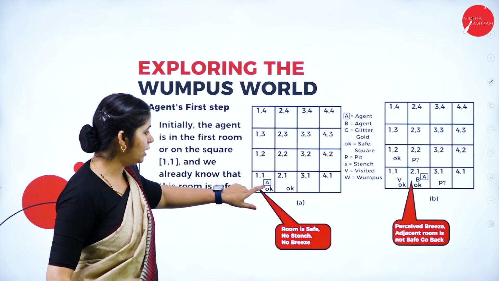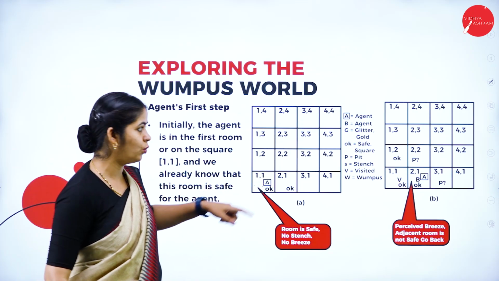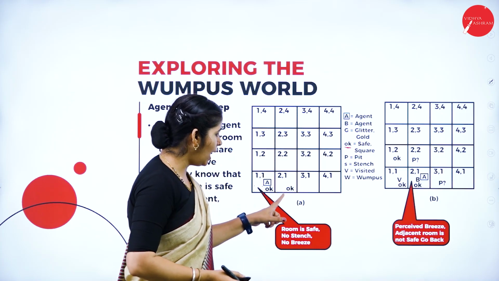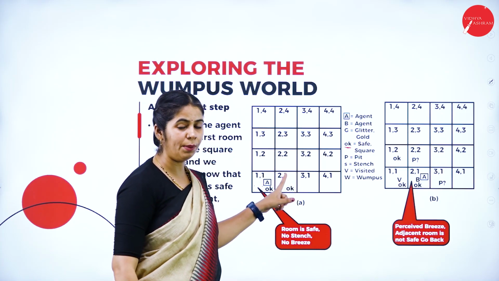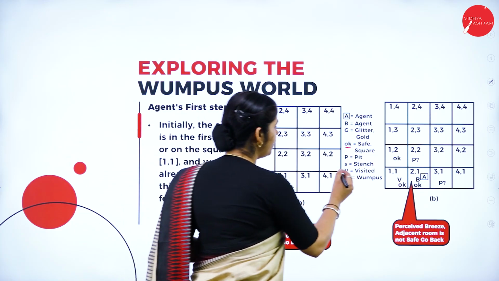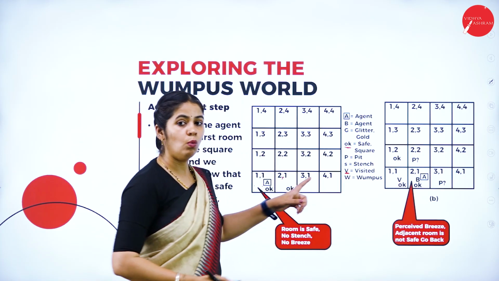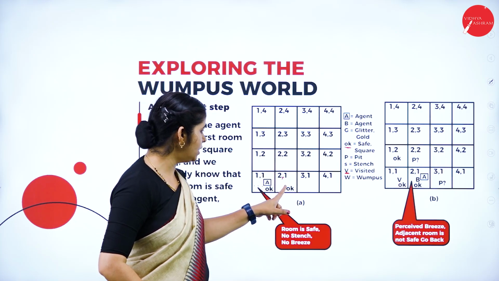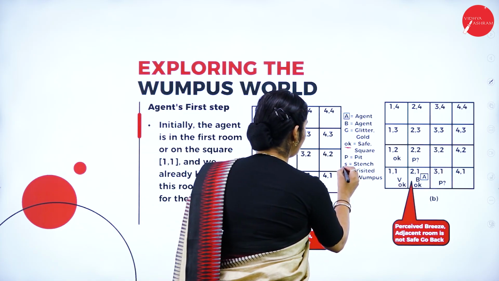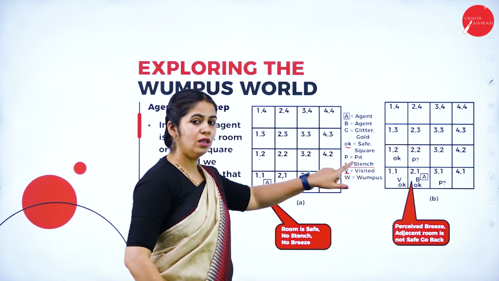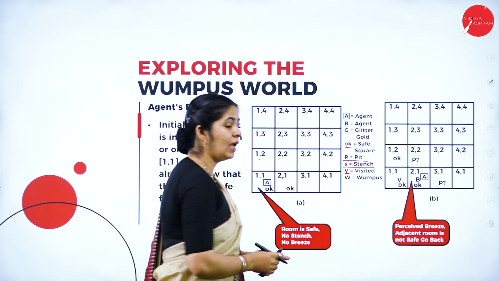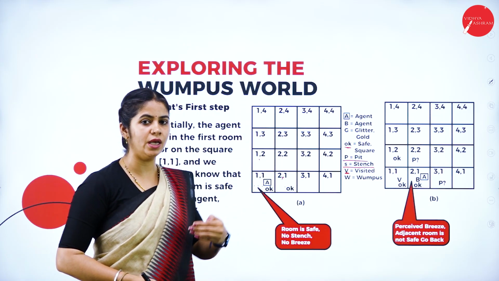This A represents the room the agent is in, and OK means that the room is safe for the agent. A V means the agent has already visited that cell. If there is an S, that gives the stench smell. If there is a P, he can assume there is a pit nearby.